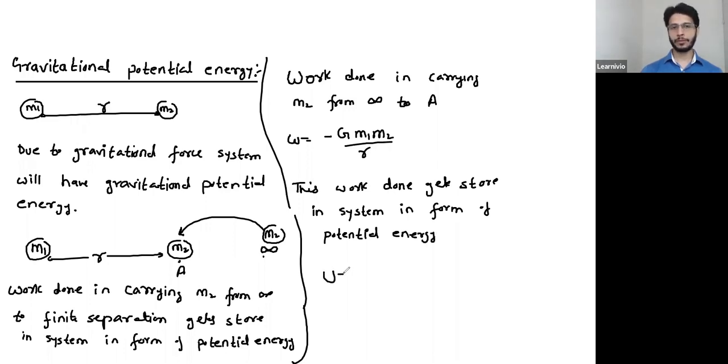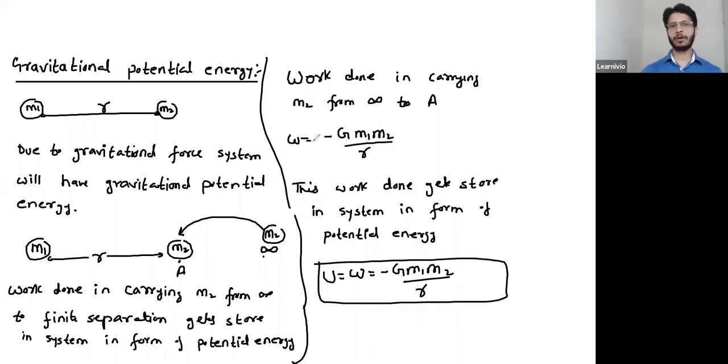So you can write that your potential energy is equal to work done, which is minus G m1 m2 by R. We will derive this result tomorrow, like how to calculate this work done. It's a 10 to 15 minute derivation. But you should remember this result, that the potential energy of a system of two point masses is minus G m1 m2 by R, which is equal to work done.